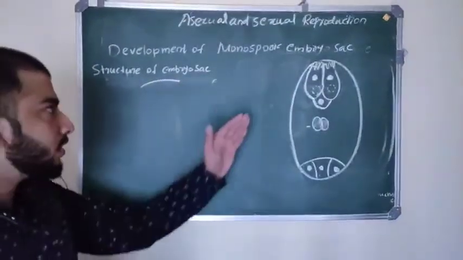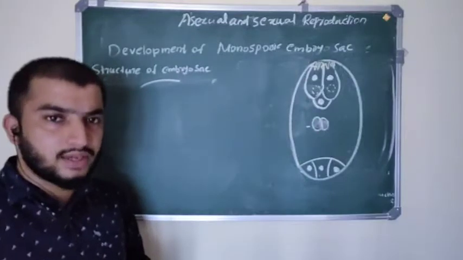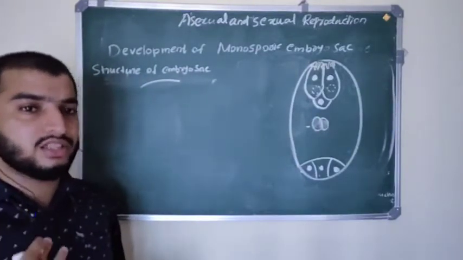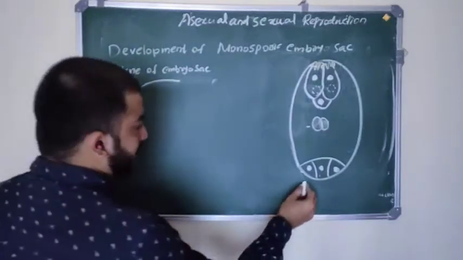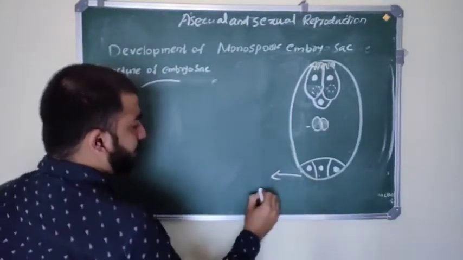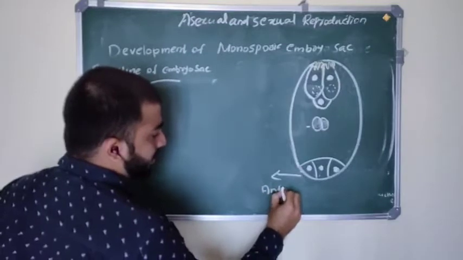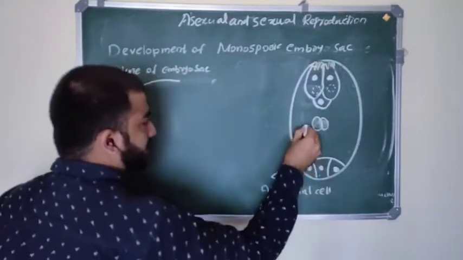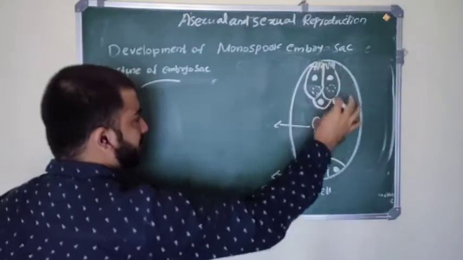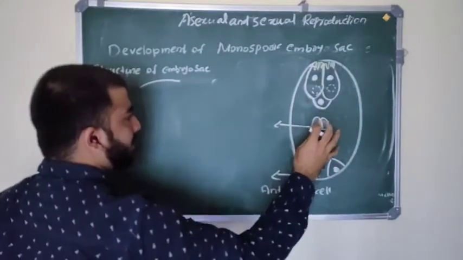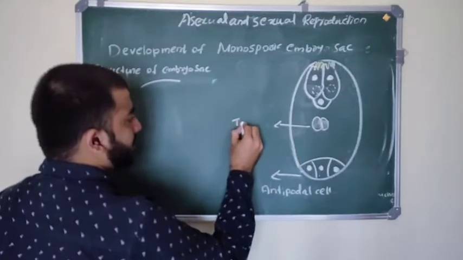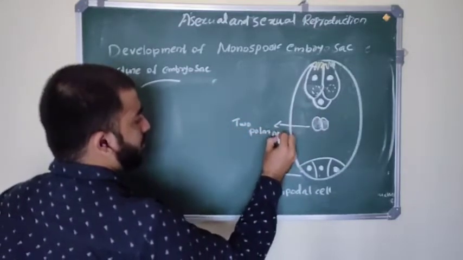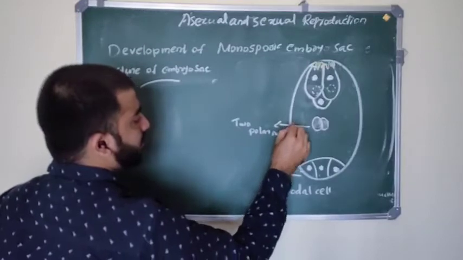Next we are going to look at the complete structure of the embryo sac. We already discussed how this monosporic embryo sac is developed. At the chalazal end of this embryo sac, three antipodal cells are present, and in the central cell cytoplasm, two polar nuclei are present.